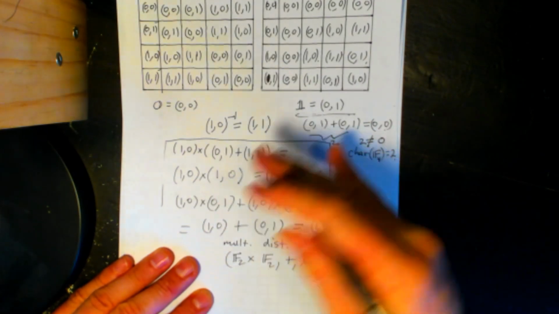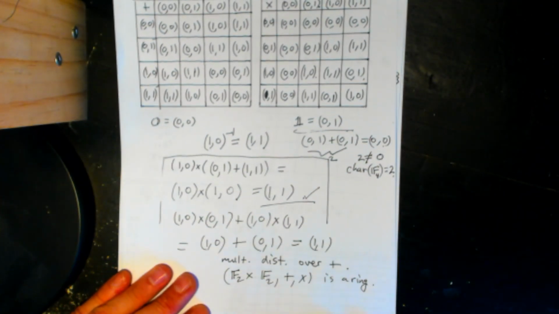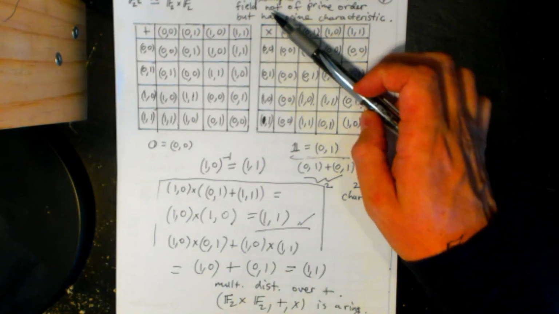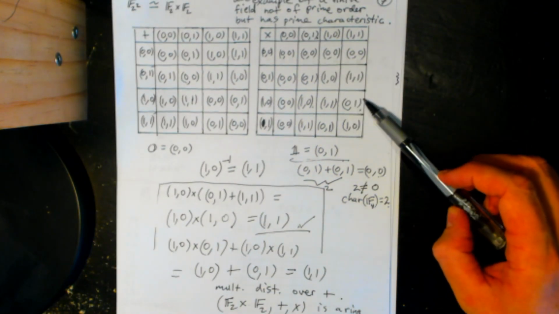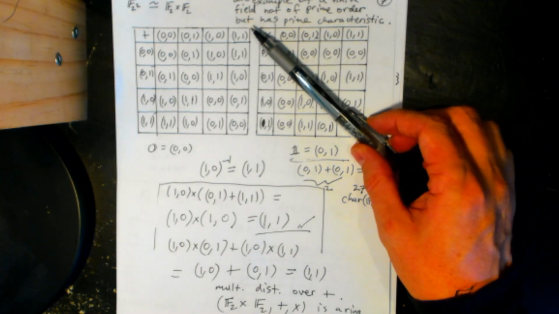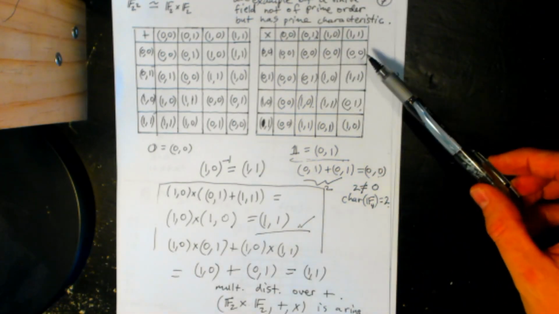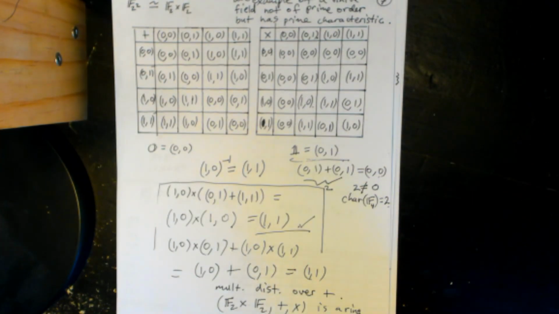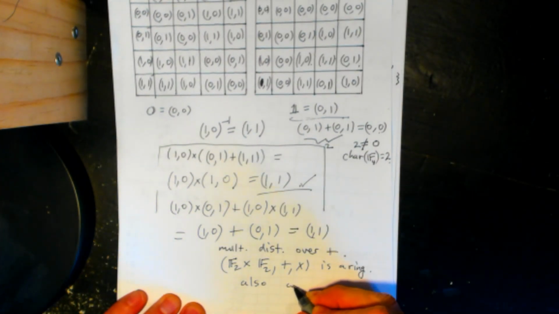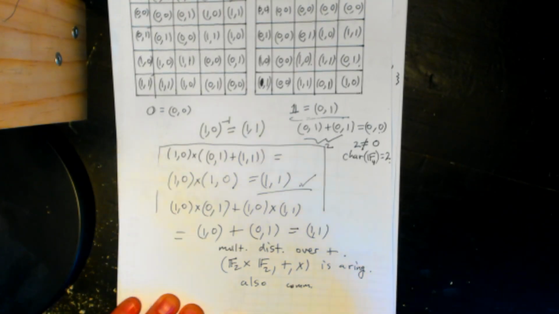We've checked the conditions for which this is a ring. But it's actually commutative too, because if you look at this Cayley table here, you can see symmetry about the diagonal. And so we see that AB is equal to BA in this multiplicative structure. So it's also commutative.